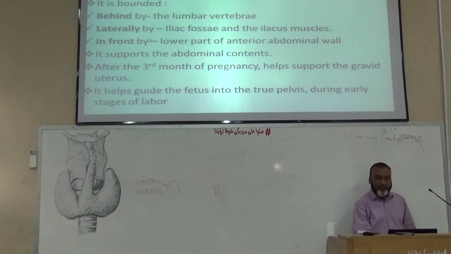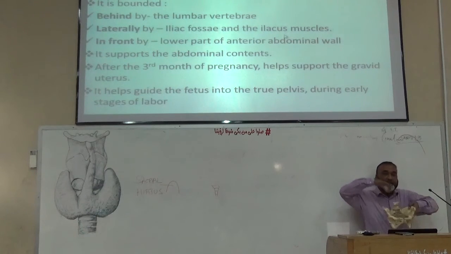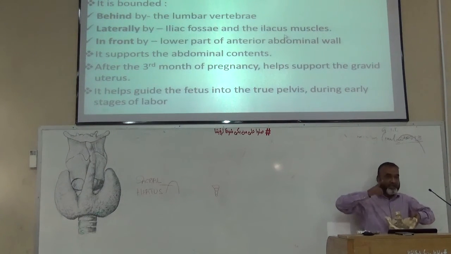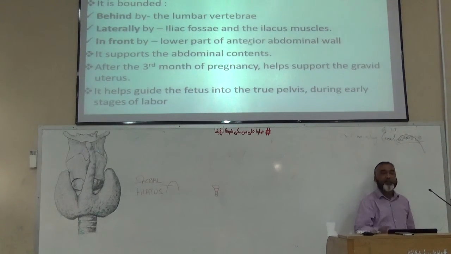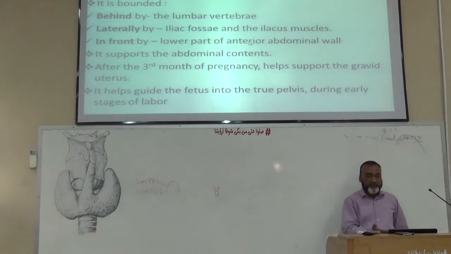You can see behind the lumbar vertebra, laterally the iliac fossa, and as I said, over the fossa we have the attachment of the iliacus muscle, and in front the lower part of the anterior abdominal wall. As for function, as I said, it supports the abdominal contents.